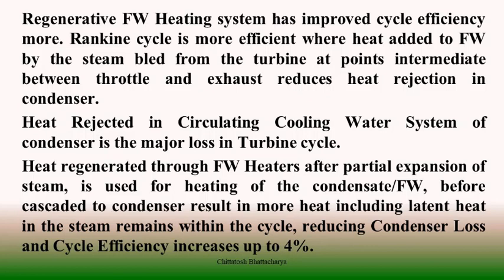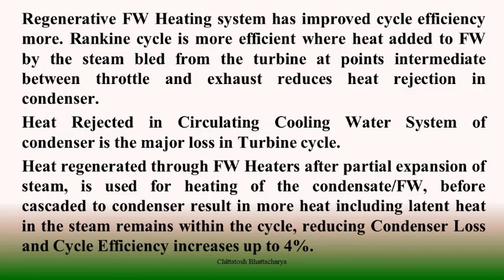This system moderation is achieved by the regenerative feed water heating system, which improves the cycle efficiency more. The Rankine cycle is more efficient where heat is added to feed water by the steam bled from the turbine at a point intermediate between throttle and exhaust, which reduces the heat rejection in the condenser. Heat rejected in the circulating cooling water system of the condenser is the major loss for the turbine cycle.